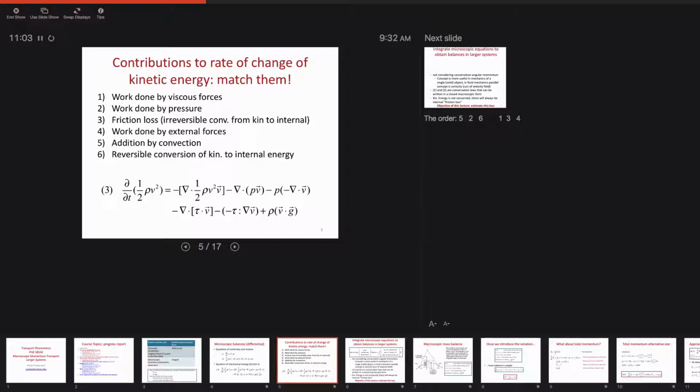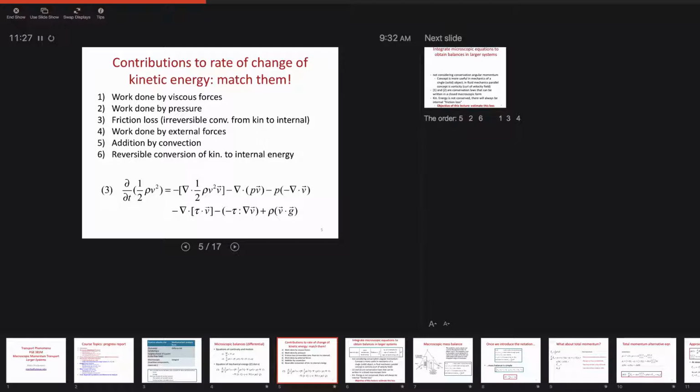Okay. If it's actually compressible, it's changing volume at a constant pressure. So if I'm not changing pressure, but I'm just changing the volume, then I have this reversible conversion of kinetic to internal energy. Right. The method of elimination actually works.